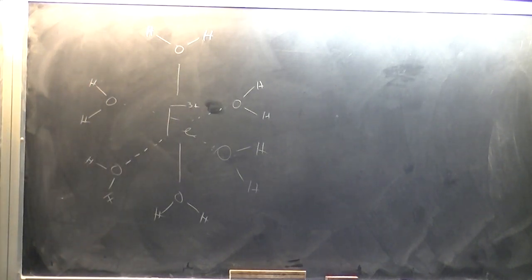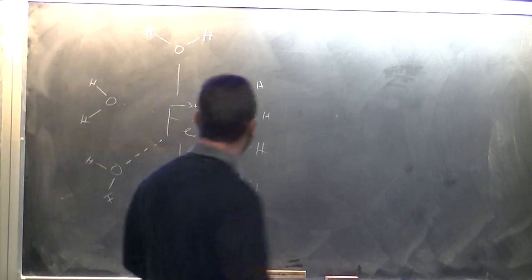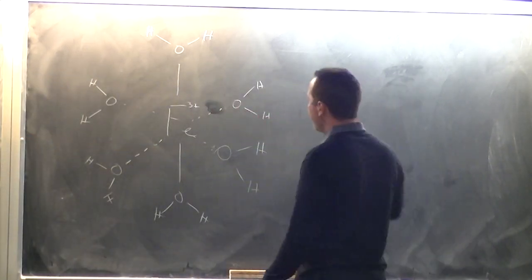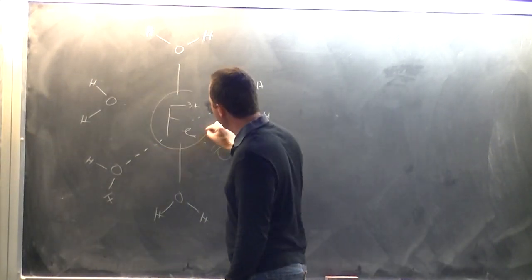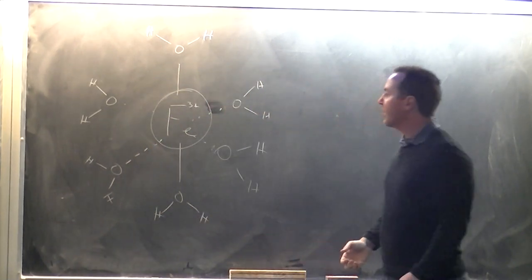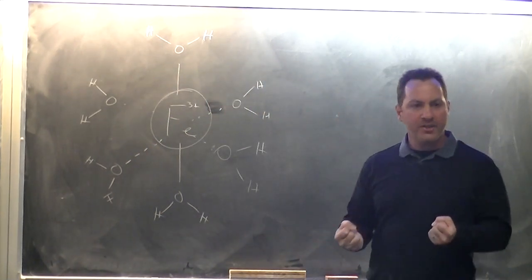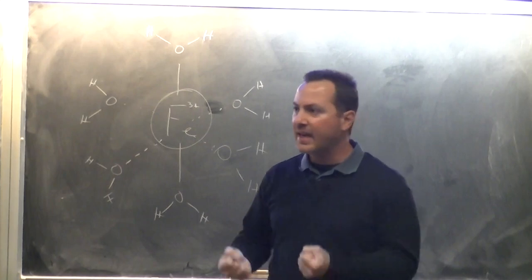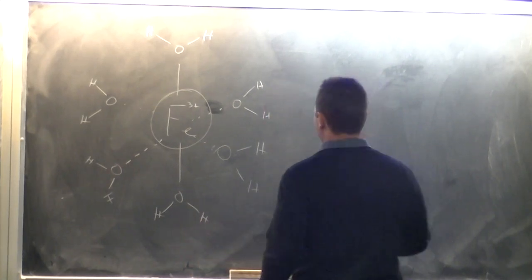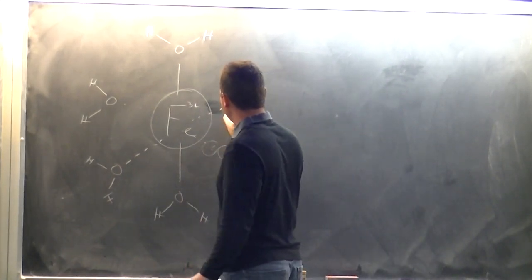Of course, iron is a highly charged metal cation, so it has a +3 charge. So, what do you think is going to happen when this positive charge interacts with the negative charge of these electrons here?